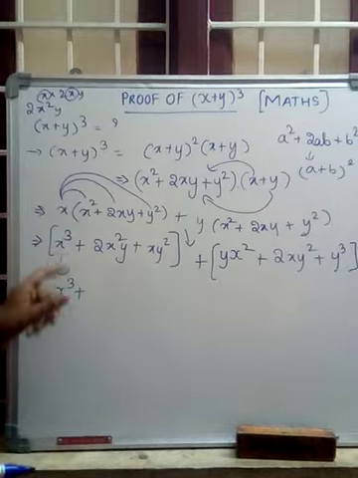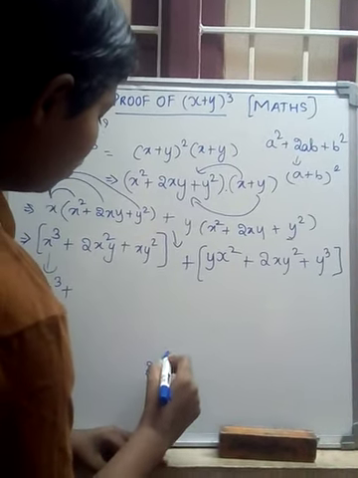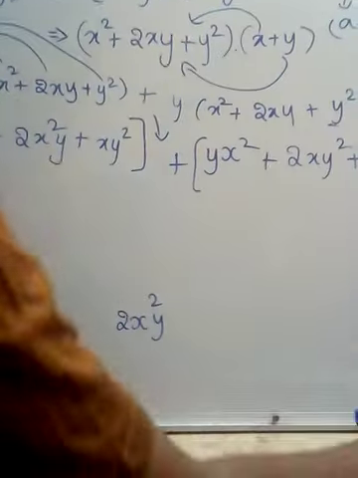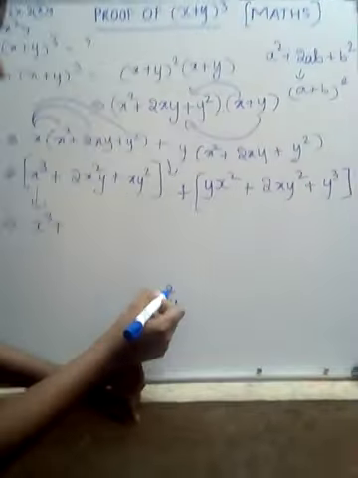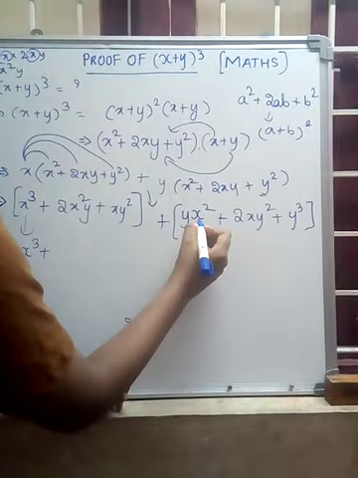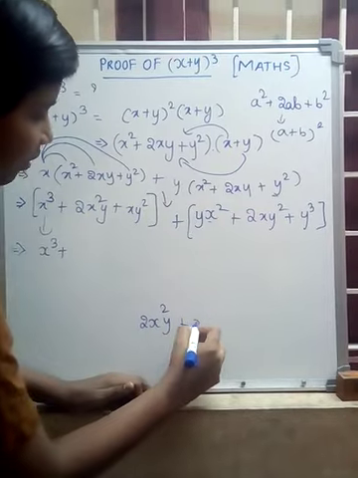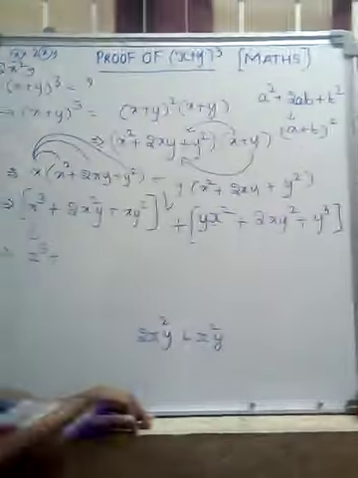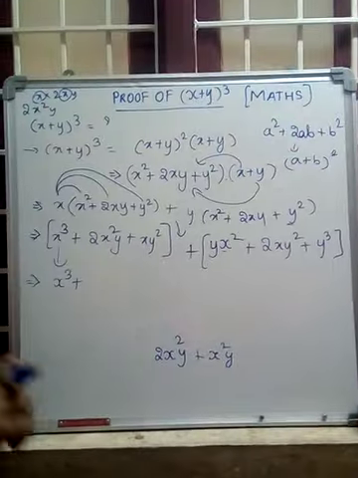Plus 2x square y. Another we have to search here, 2x square y, for x square is there and y is there. Plus x square y or y x square. We can write this as x square y or y x square, anything is okay here.